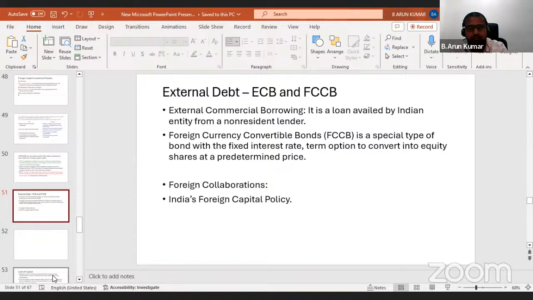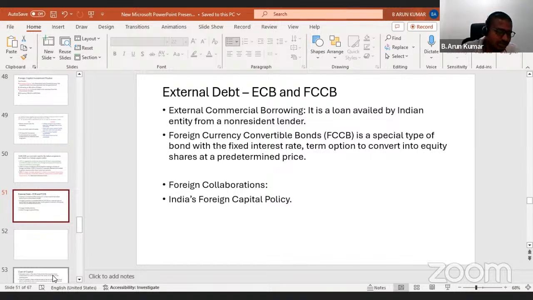For the sake of mutual benefit, they collaborate. Indian origin companies and foreign companies collaborate for the specific purpose, and after completion of that particular task, the collaboration will lapse.